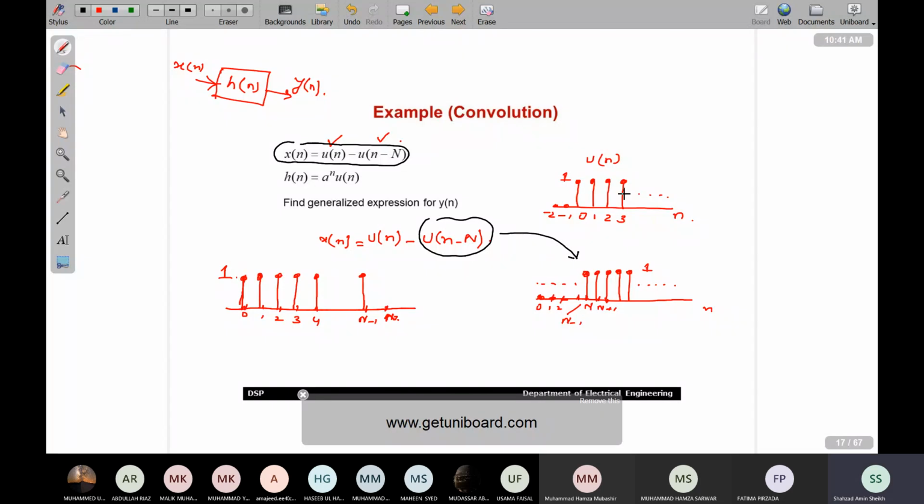This is the same signal, u of n, but now shifted by N. So it starts from N plus 1, N plus 2, N plus 3, N plus 4, and continues to infinity. Now we have to construct x of n, and x of n is this signal minus this signal. As a result, from 0 to N minus 1, you get a block of samples with value 1, and the rest will be equal to 0. Agreed?